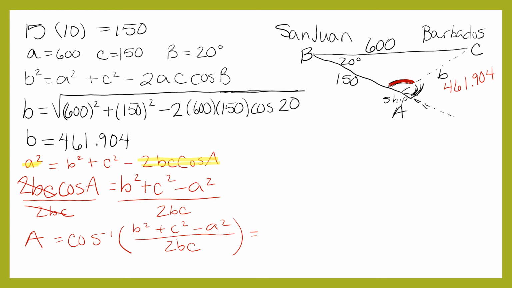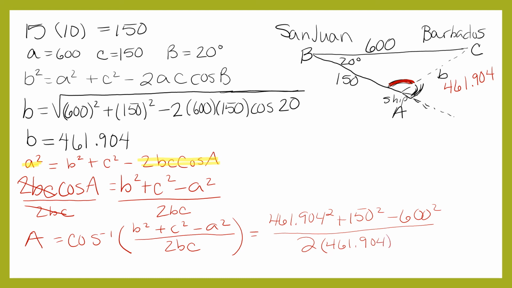All right, so I'm going to calculate that now. My b is 461.904. So I'm going to put 461.904 squared plus c is 150 squared minus a, 600 squared, divided by 2 times b, 461.904, times c, 150.